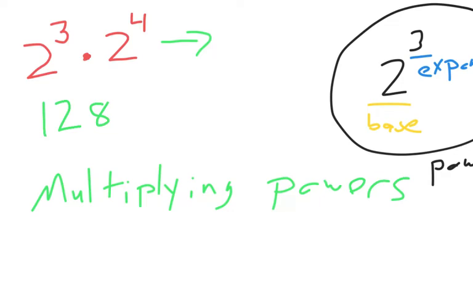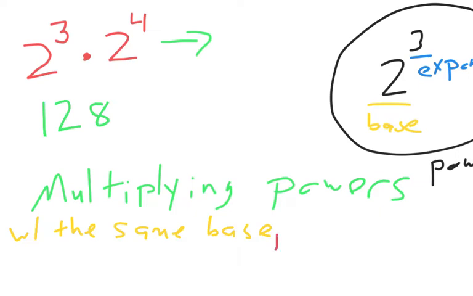Do they have the same base? Yes, both of them have a base of 2. So the rule is when you are multiplying powers with the same base. Does this fit that criteria? Yes. Multiplying powers, both have a base of 2.